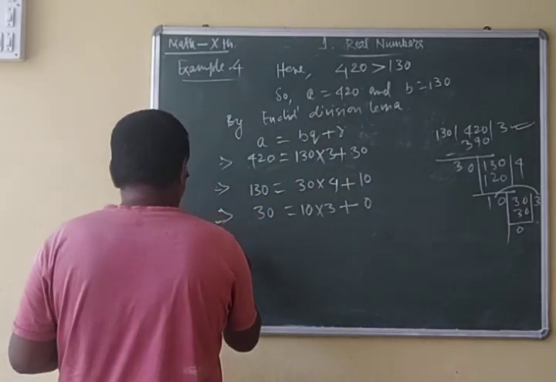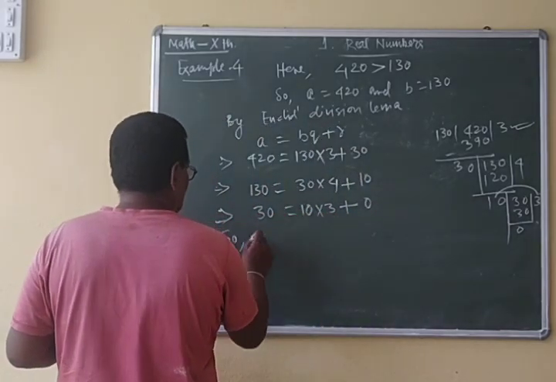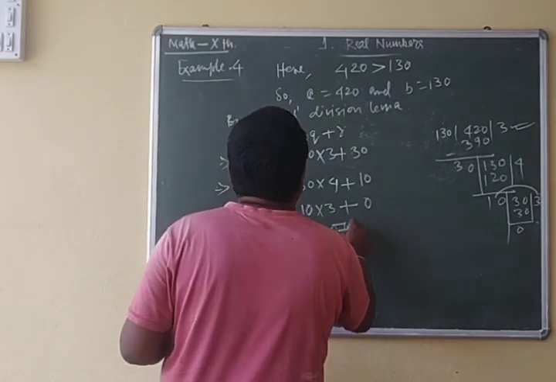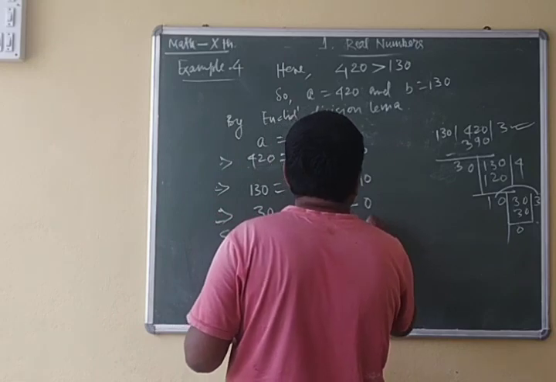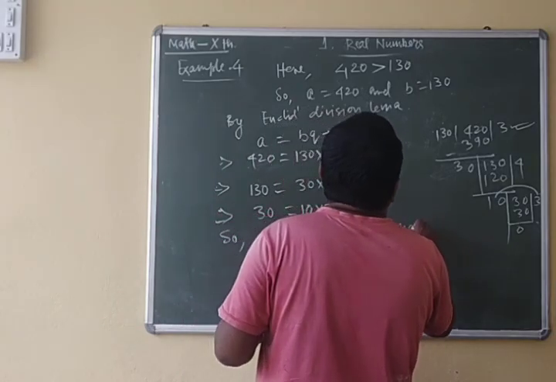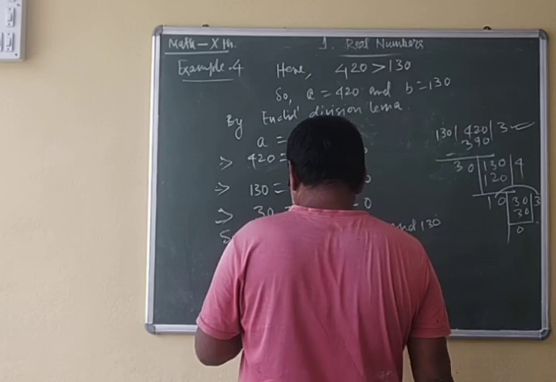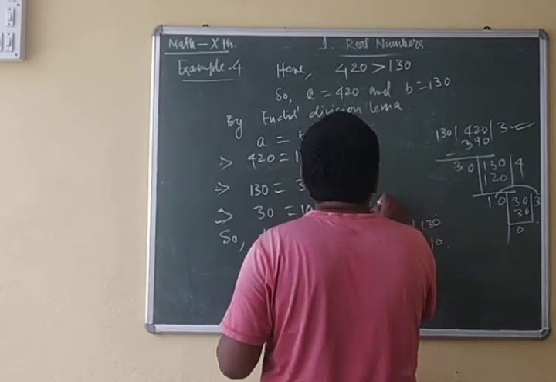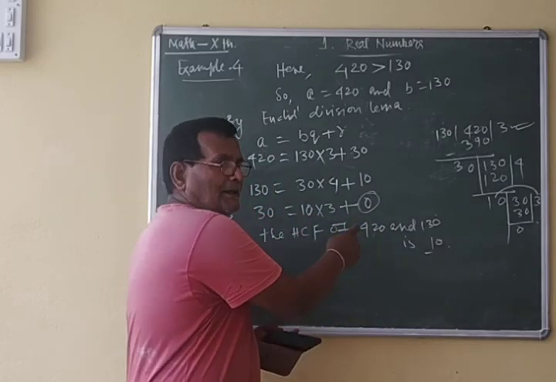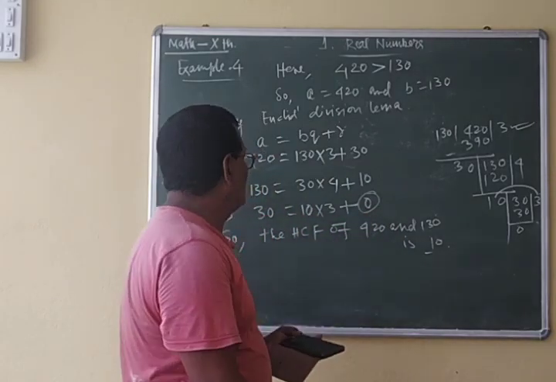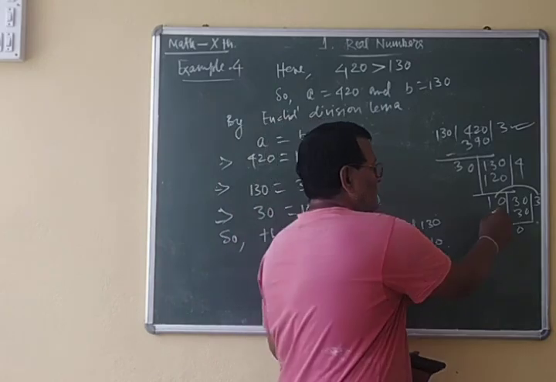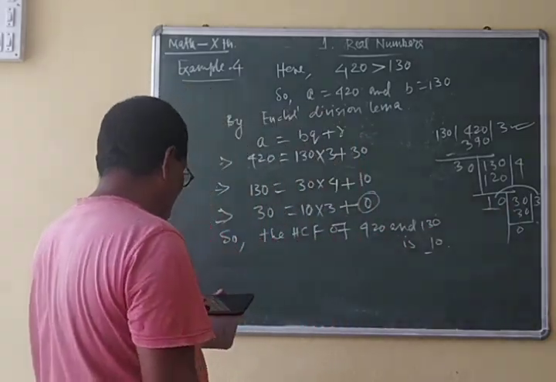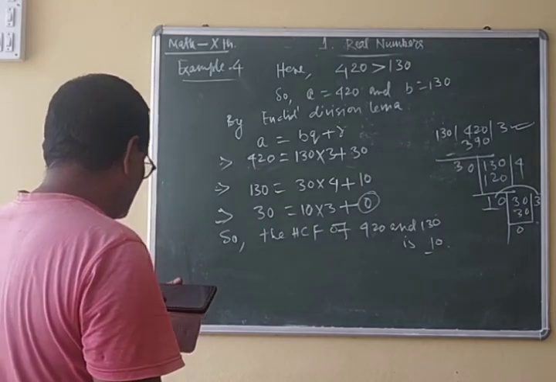So the HCF of 420 and 130 is 10. Here the remainder is 0, so the last divisor will be the HCF of the given numbers 420 and 130.